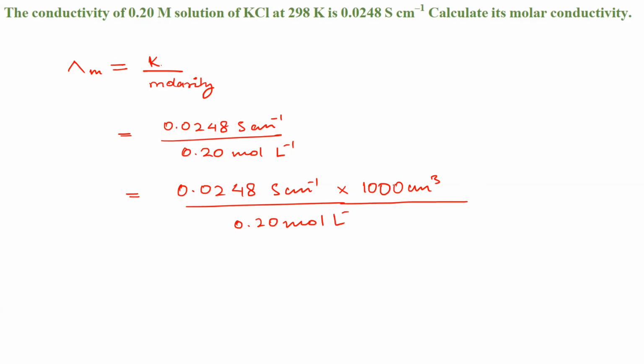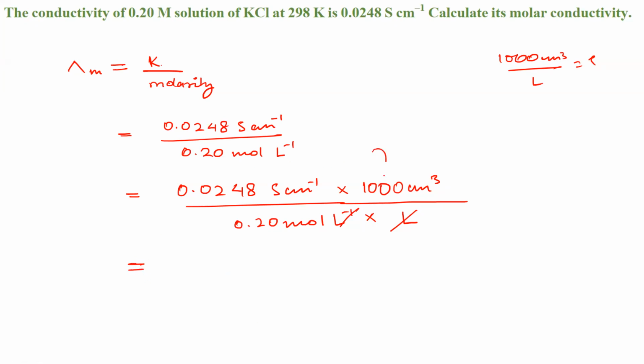So in the numerator I am adding a volume of 1000 centimeter cube, and in the denominator I am adding a volume of 1 liter. Both of these things are same, right? Either I write 1000 centimeter cube or 1 liter, 1000 centimeter cube divided by liter will be equal to 1 only. So now you can erase this liter and you will have just one unit of length, that is centimeter cube, and then you can solve this.